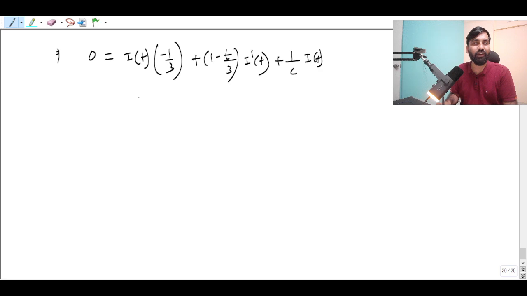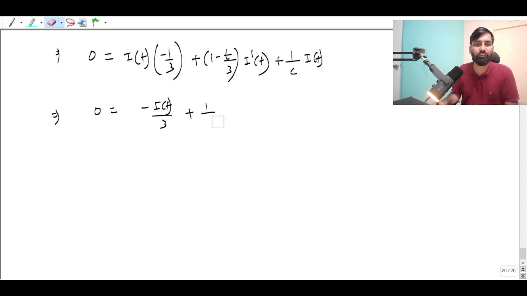Now you can simplify this, and you have to write the differential equation for it. So what we can do here is this is nothing but minus it by 3, and this can be written as 1 by c, which is 1, right? So you just forget about this c. This c is going to be 1 only. So why are we thinking about it?